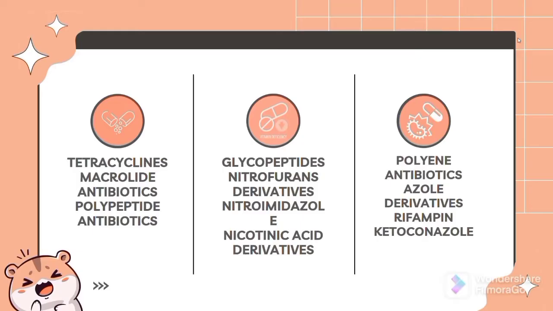Further, we also have tetracyclines, macrolide antibiotics, polypeptide antibiotics like polymyxin B, colistin, and bacitracin, glycopeptides like vancomycin and teicoplanin, nitrofuran derivatives, nitroimidazoles, nicotinic acid derivatives, polyene antibiotics like nystatin and amphotericin B, azole derivatives, rifampin and ketoconazole.